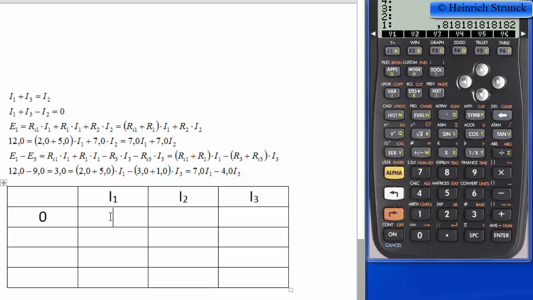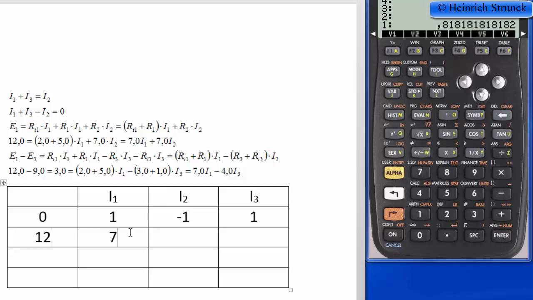And we have 1 I1, we have negative 1 I2, and we have 1 I3. The next line is for the next equation. The result was 12, and we got 12 if we take 7 I1 and positive 7 I2.